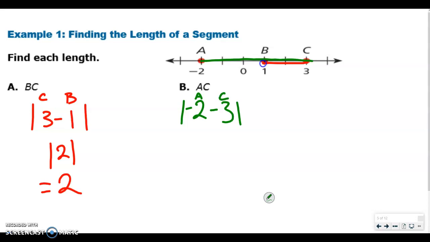So -2 minus 3 gives us -5. In absolute value, if it's a negative inside the absolute value, you just drop that negative, it is 5, so 5 units, one way or the other. So the distance is 5, or 5 units.